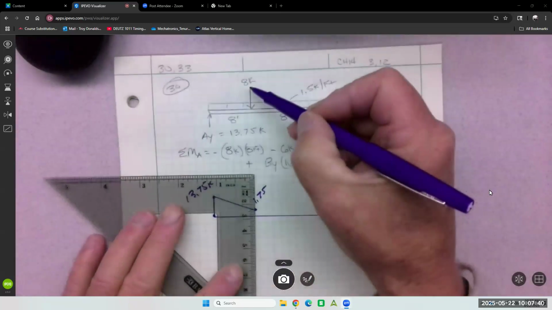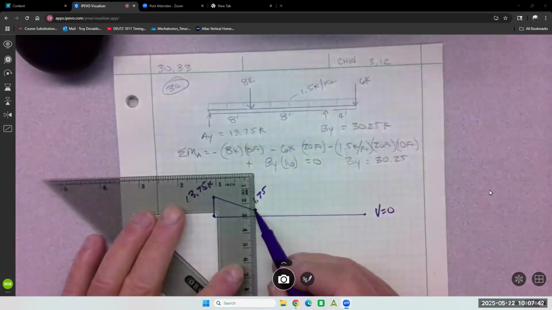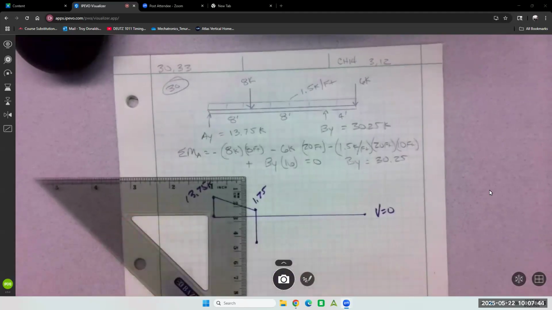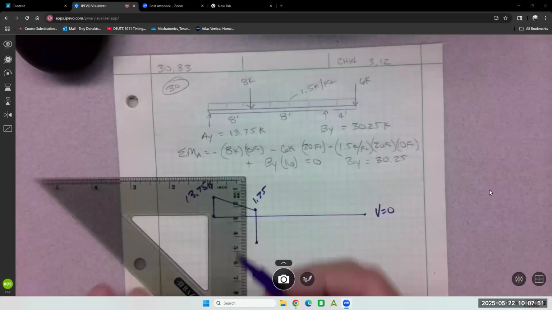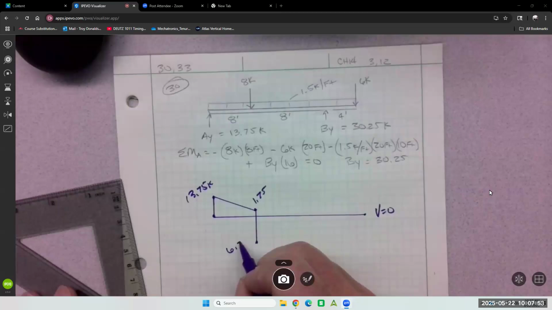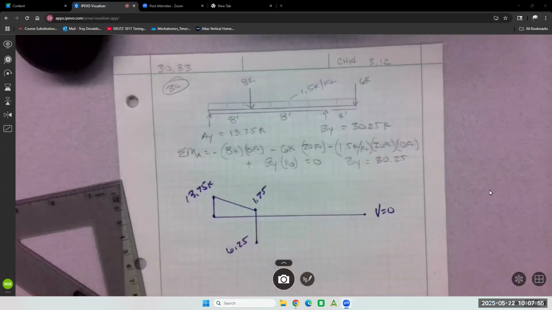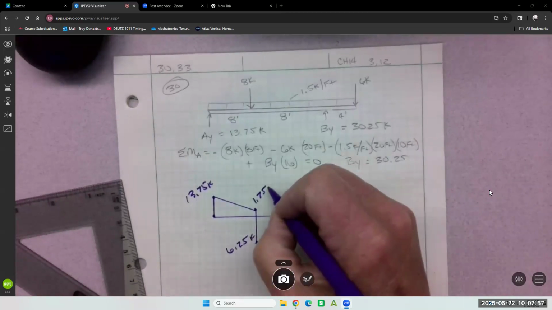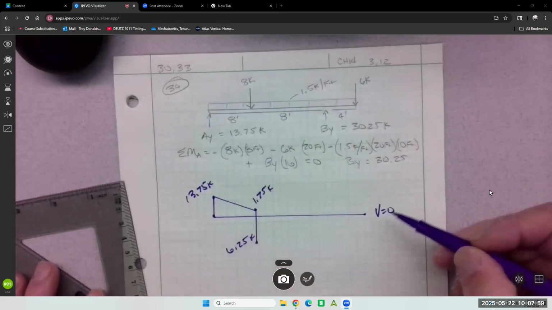Then we see the 8K. So it drops a total of 8 to 6.25. Okay. These are all forces, shear force.